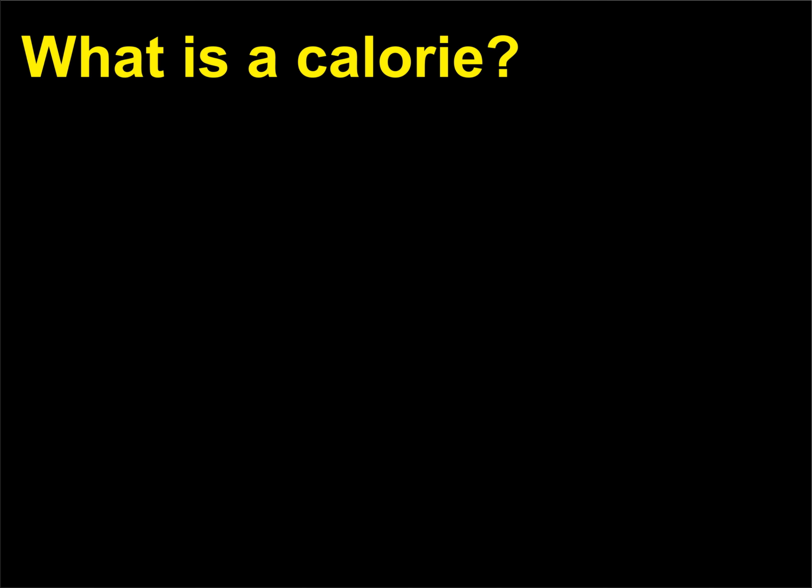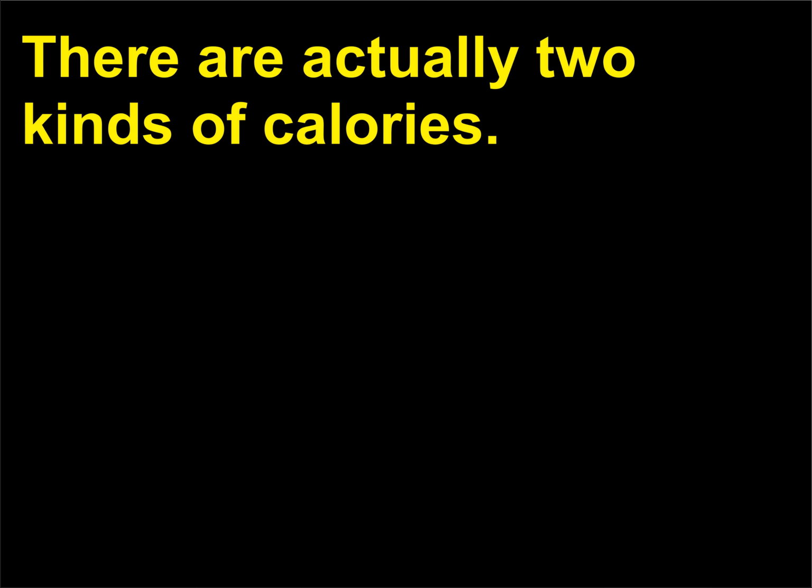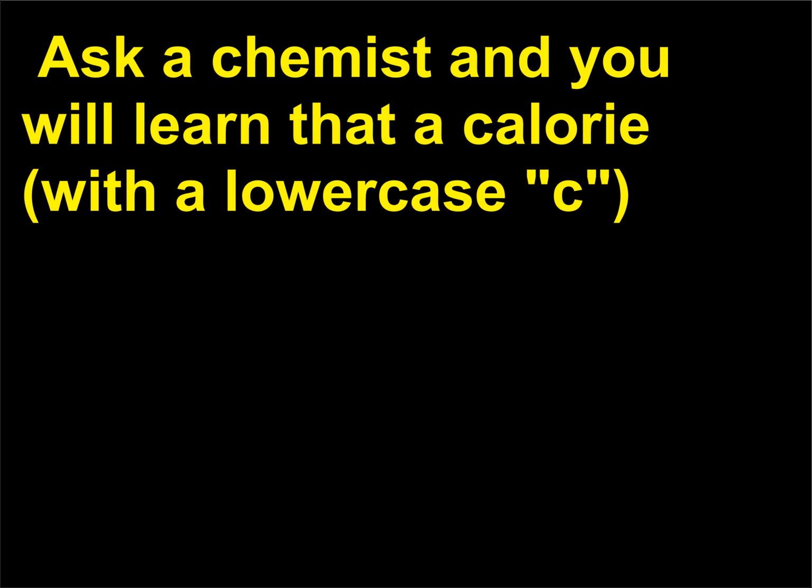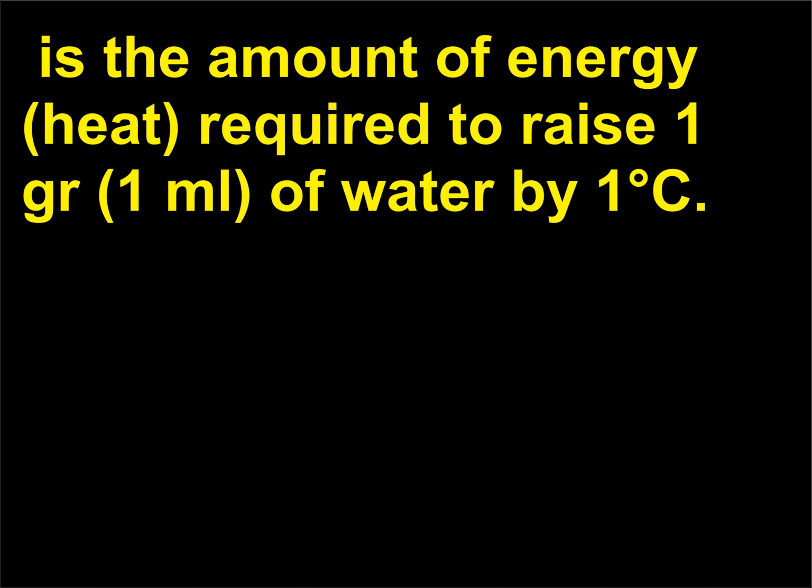What is a calorie? There are actually two kinds of calories. Ask a chemist and you will learn that a calorie, with a lowercase c, is the amount of energy, heat, required to raise 1 gram, 1 ml, of water by 1 degree Celsius.